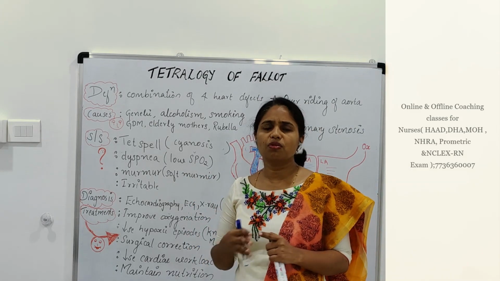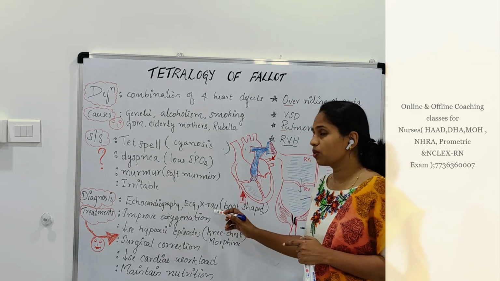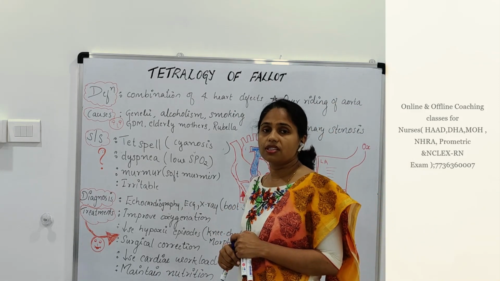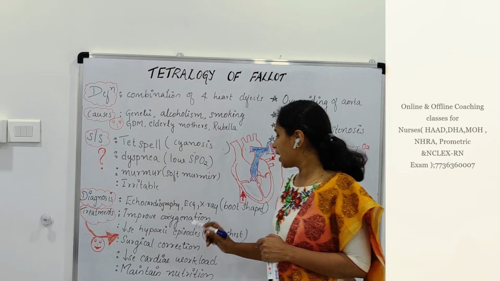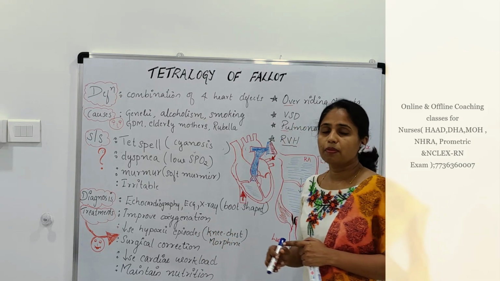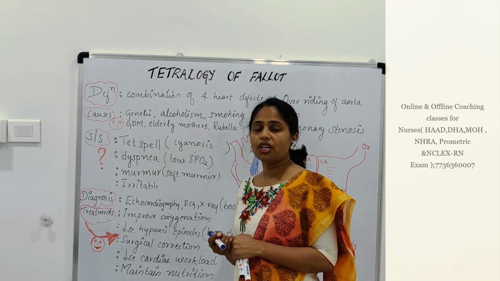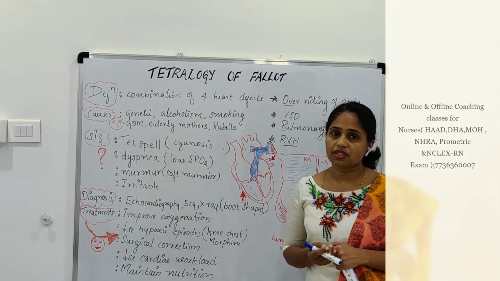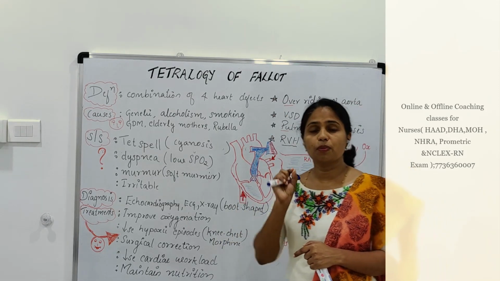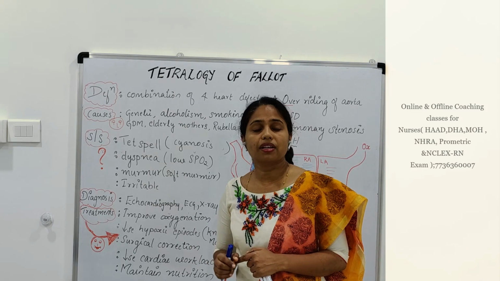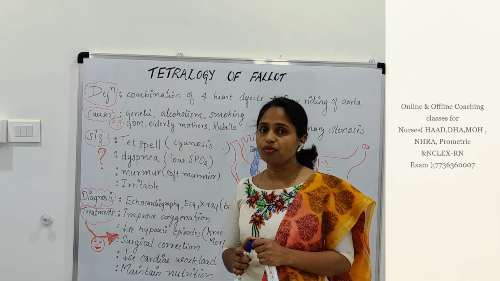Okay, so you need to identify that, and periodical assessment of ECG is important. And next is X-ray. Because of right ventricular hypertrophy, a boot-shaped heart is expected. So again, please remember, boot-shaped heart is expected in Tetralogy of Fallot.